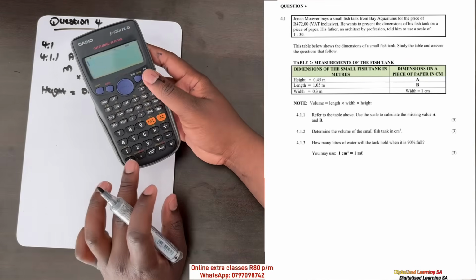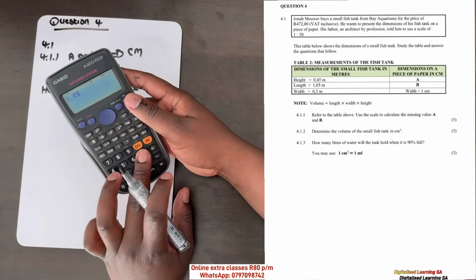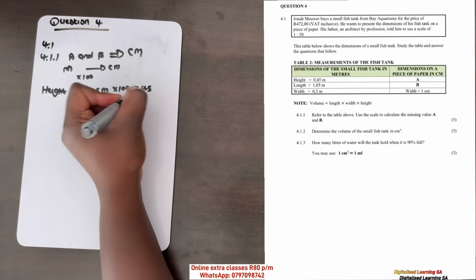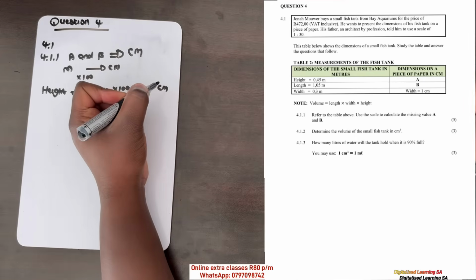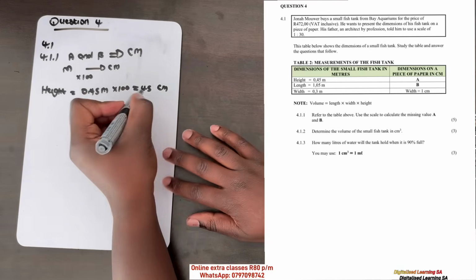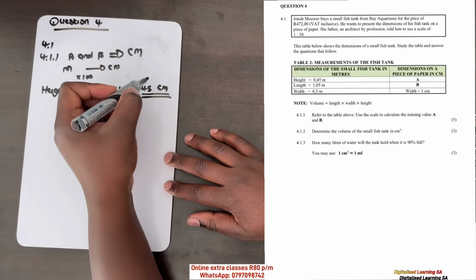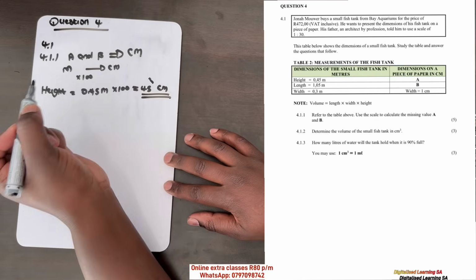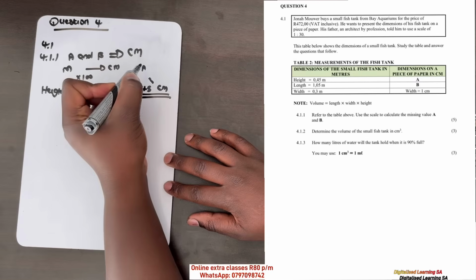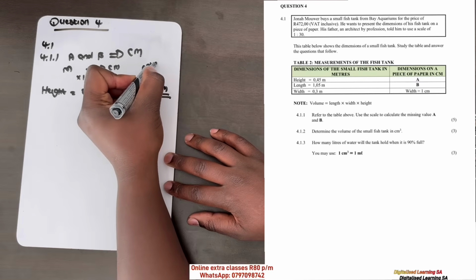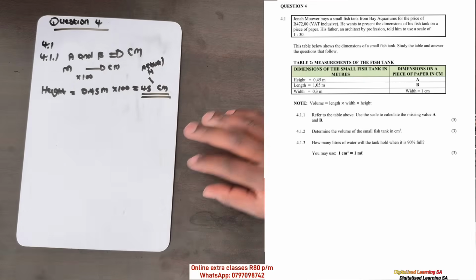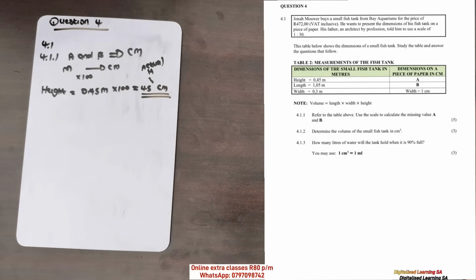So our height will be 0.45 multiplied by 100, which is 45 centimeters. So this is an actual height, in actual reality.